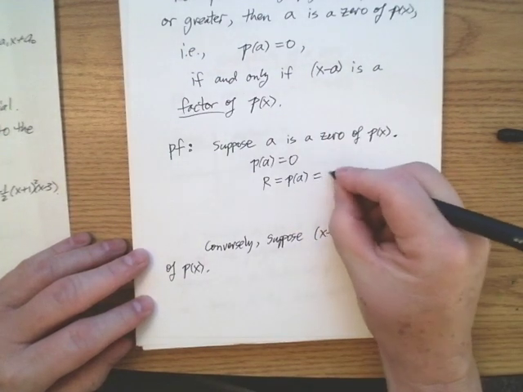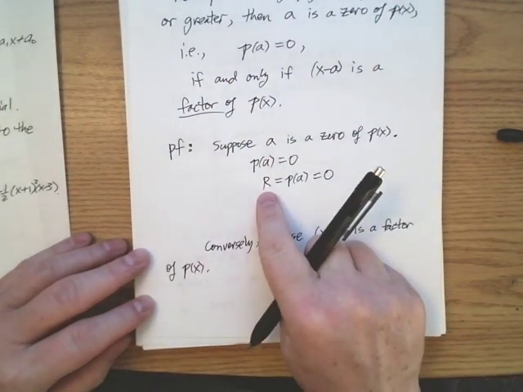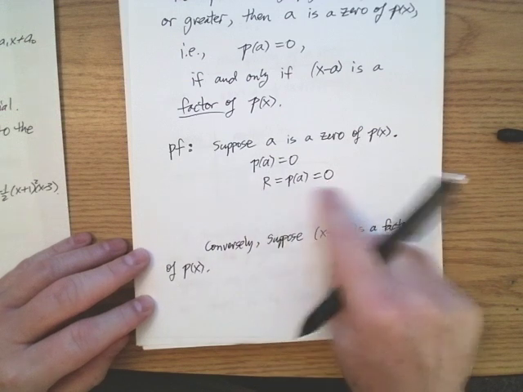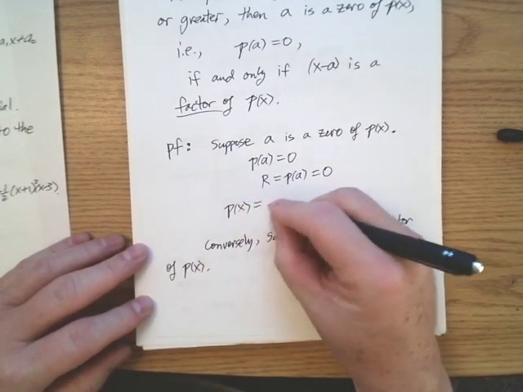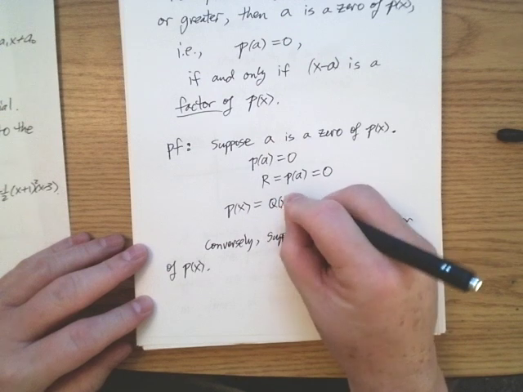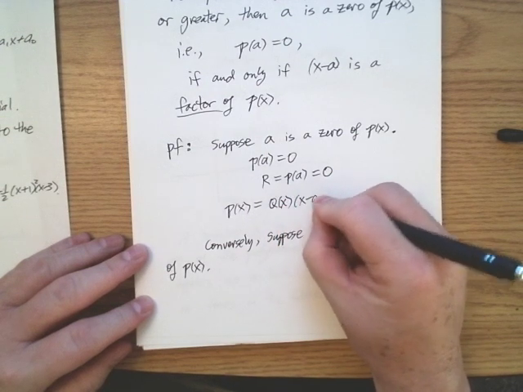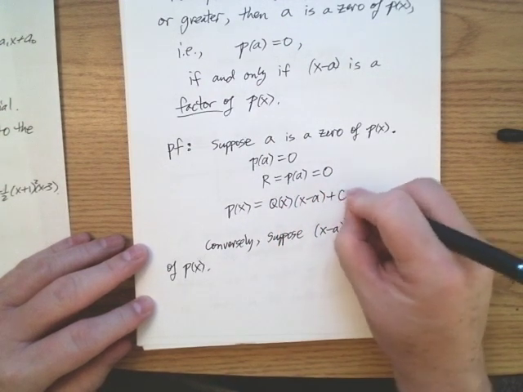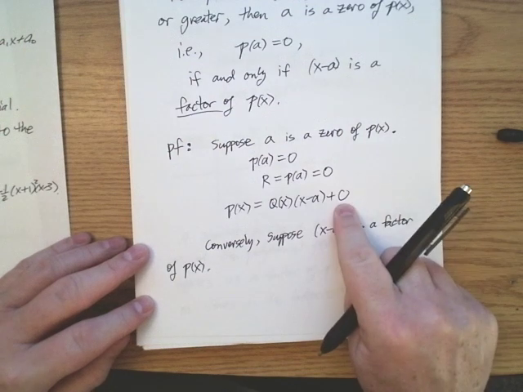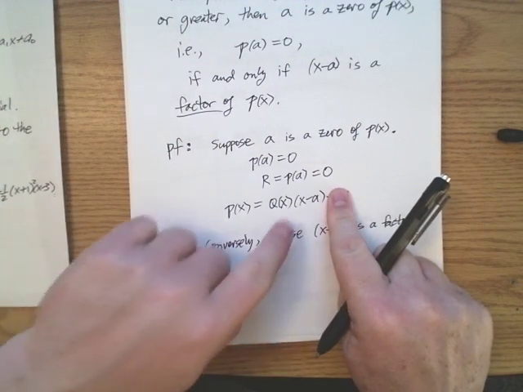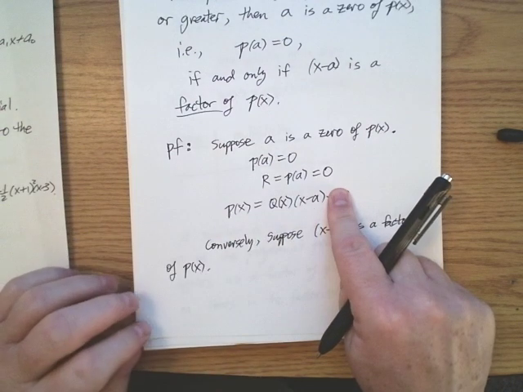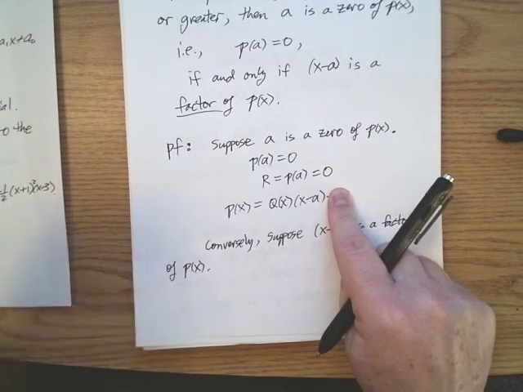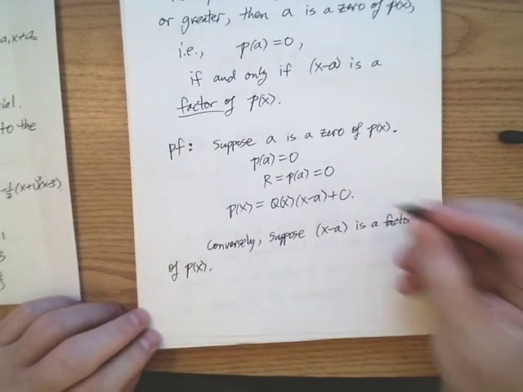So from the remainder theorem, r is 0. If the remainder is 0, that means p of x is some quotient q of x times x minus a plus a remainder of 0. I could just drop that remainder 0, and that implies x minus a divides p of x. In other words, it's a factor of p of x. So there's one direction.